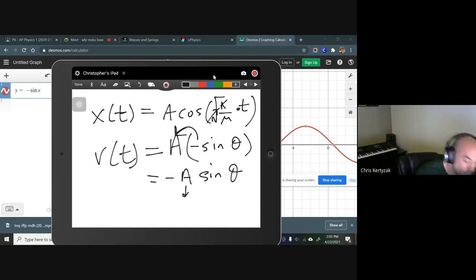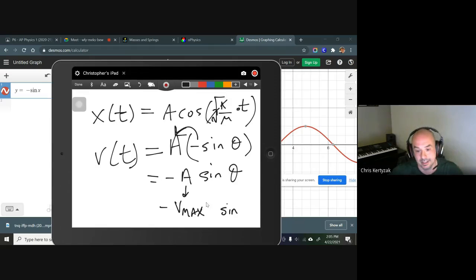And A, we don't usually call it amplitude anymore. A is usually only used as a symbol to represent the maximum displacement from equilibrium for the position versus time graph. A gets a new name, which is usually written as V max. So it is the coefficient.